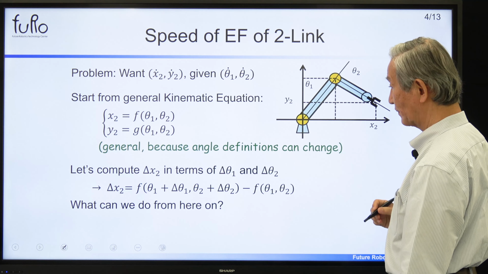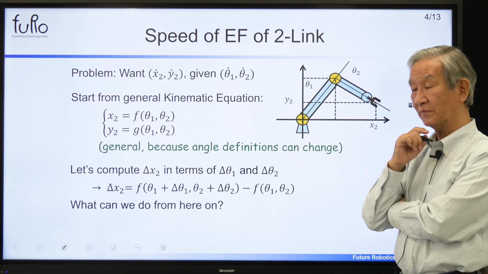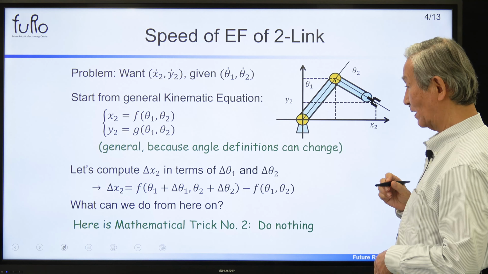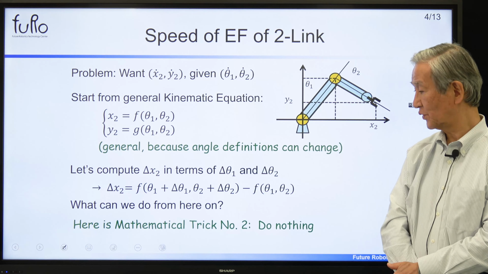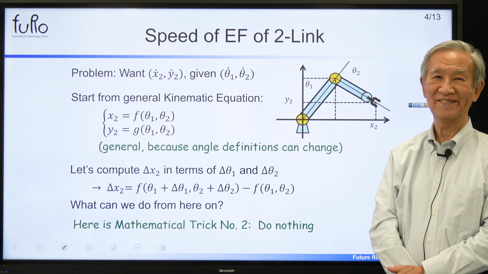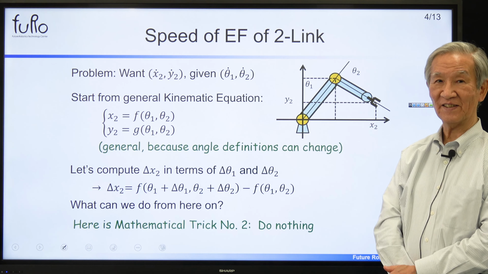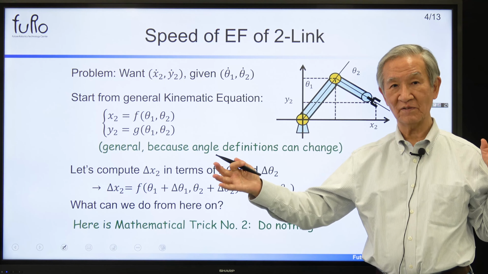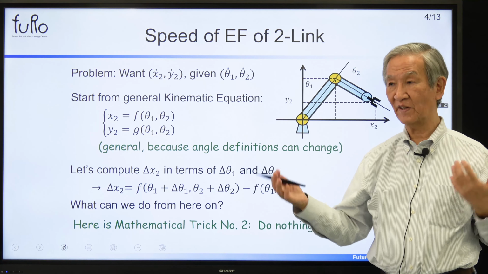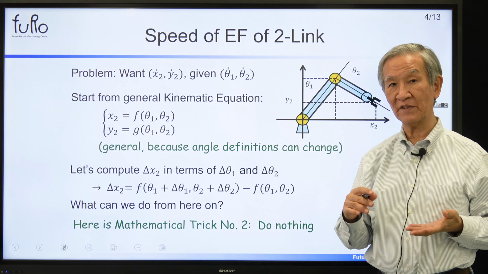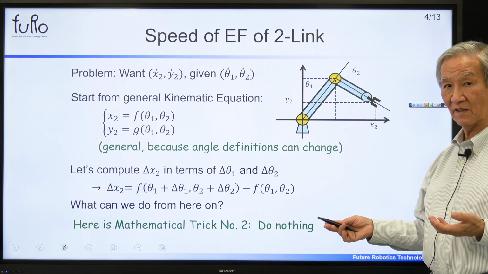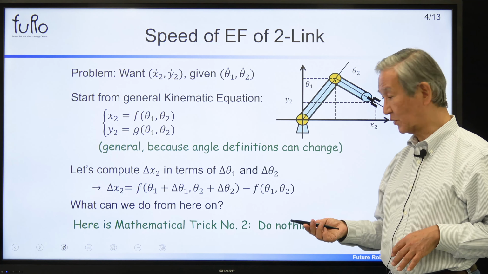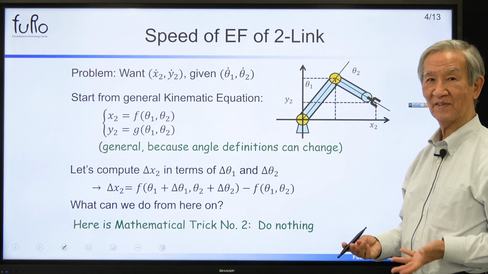All right. What can we do from here on? Well, here is mathematical trick number 2: do nothing. Mathematical trick number 1 was sandwiching from both sides. That was very handy for computing the limits. But this one here is another very useful mathematical tool, which is do nothing.